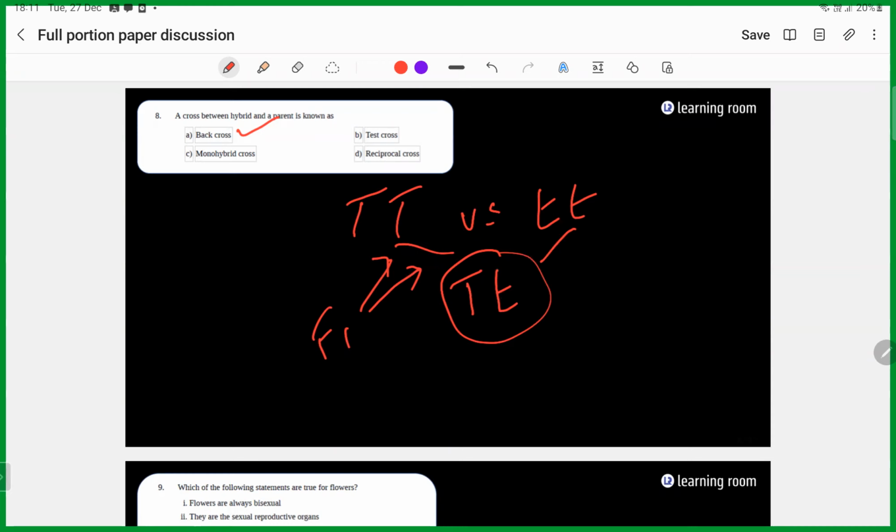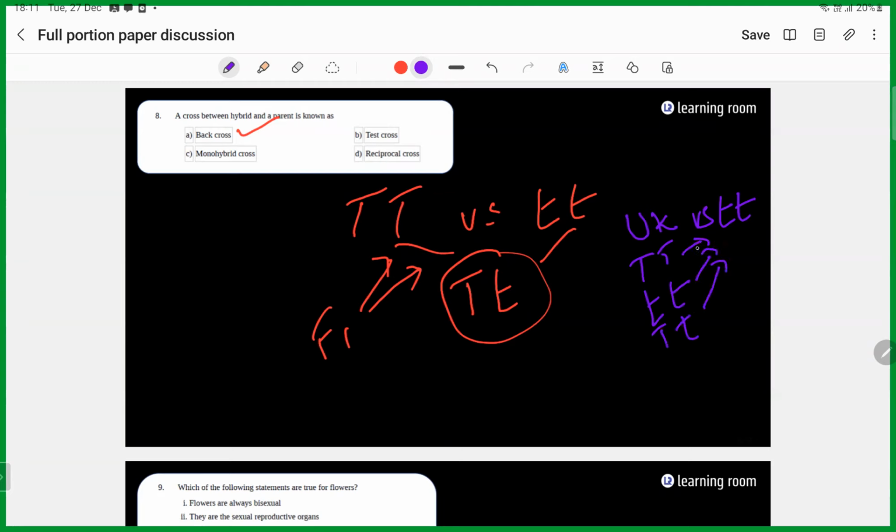Test cross is an unknown versus any recessive parent. So maybe this, maybe this, anything may be there.